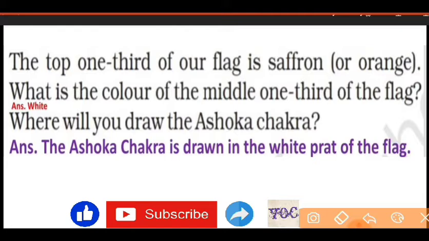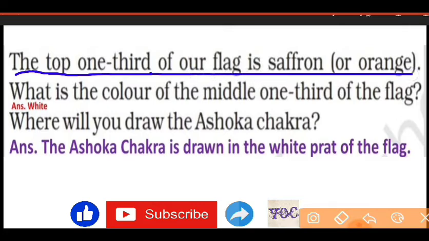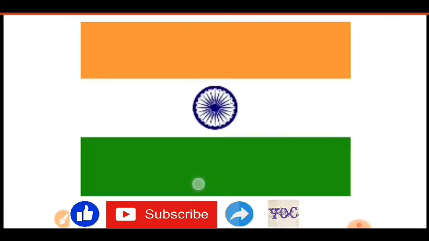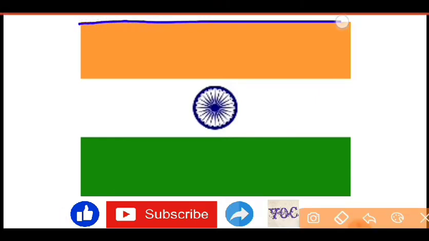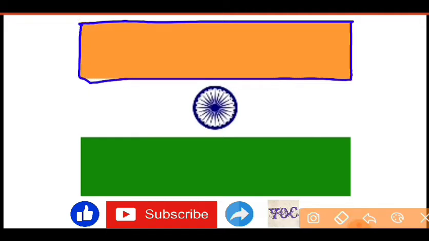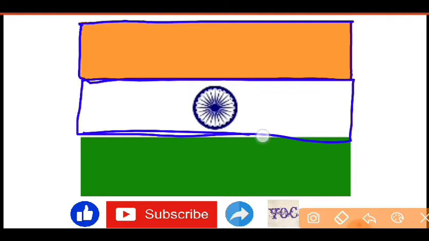So let's see. The top 1/3 of our flag is saffron or orange. You can see this is 1/3 of the flag. This is the next 1/3 of the flag. This is the next 1/3 of the flag.